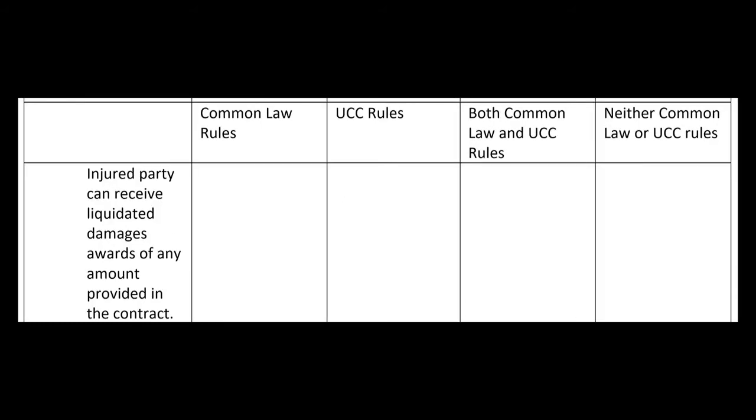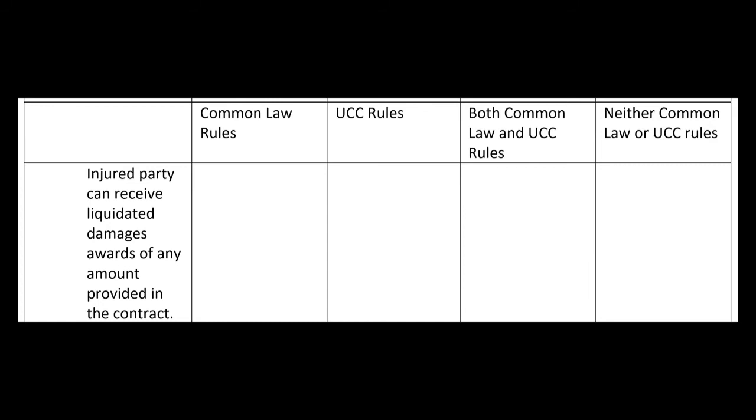All right, let's try this one. Injured party can receive liquidated damages of any amount provided in the contract. So here, if you're going to have damages, there must have been a breach of contract. And the injured party, it's saying, can receive what's called liquidated damages, whatever that means, of any amount provided in the contract. So what do we know about liquidated damages anyway?